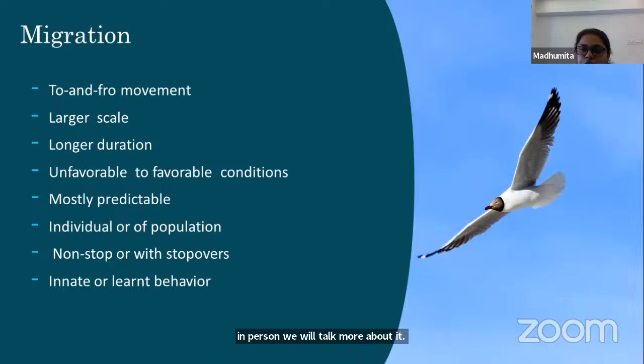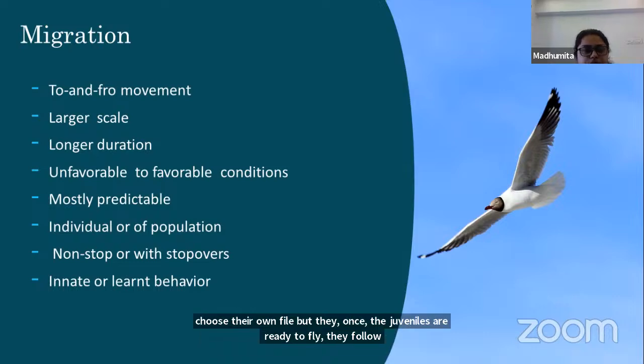It is inborn in most individuals, mostly long distance migrants, and it is not taught. But in some migratory birds, we see that once the juveniles are ready to fly, they follow the adults. They don't choose their own path, but they follow the adults. So it depends upon different species of birds.